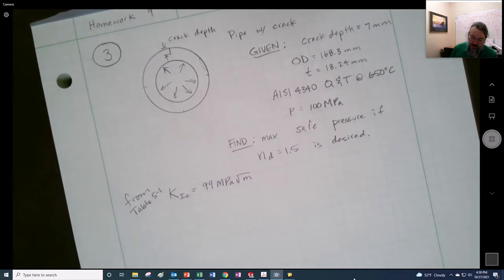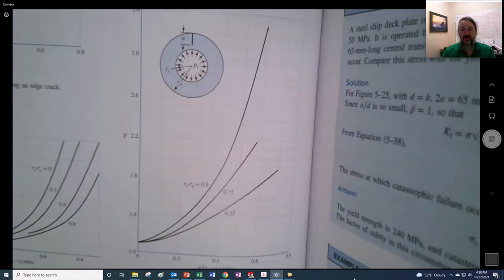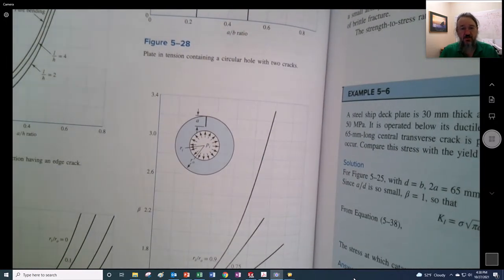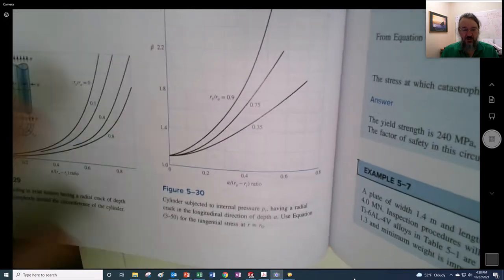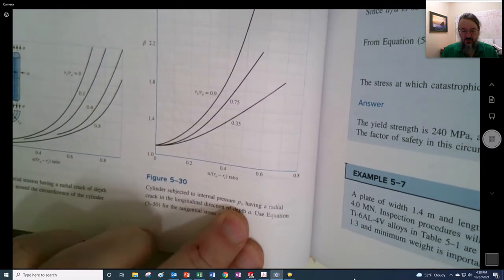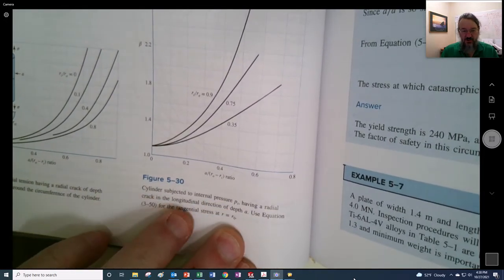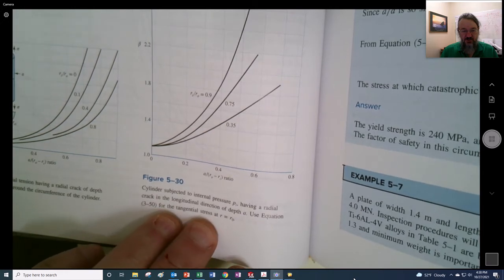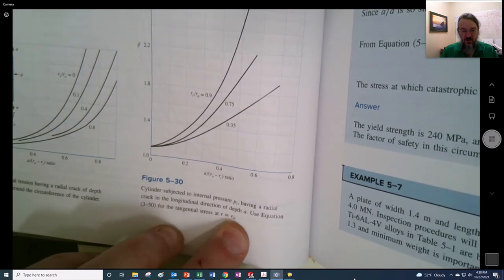Other things we were going to want to do. Let's take a look at the applicable fracture mechanics figure. Oh, there it is. Looking at it here, we see cylinders subjected to internal pressure having a radial crack. Use equation 350 for tangential stress, where r is equal to Ro.